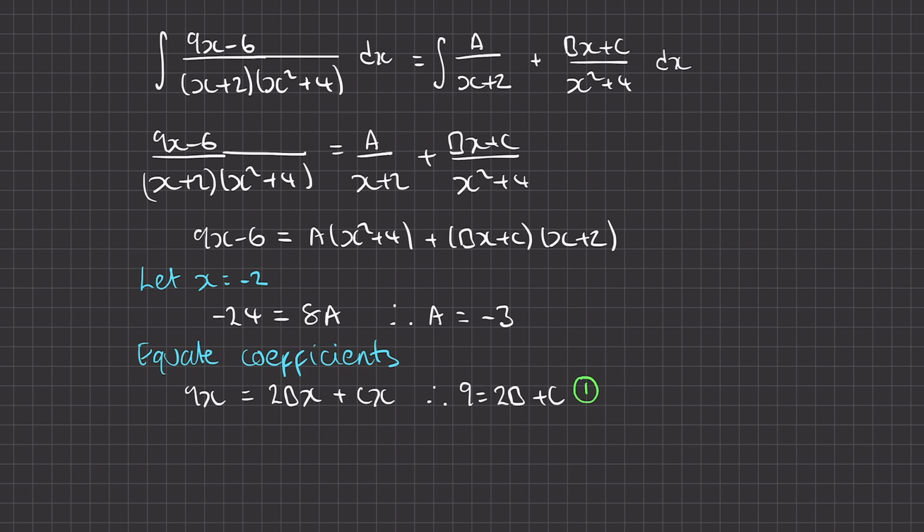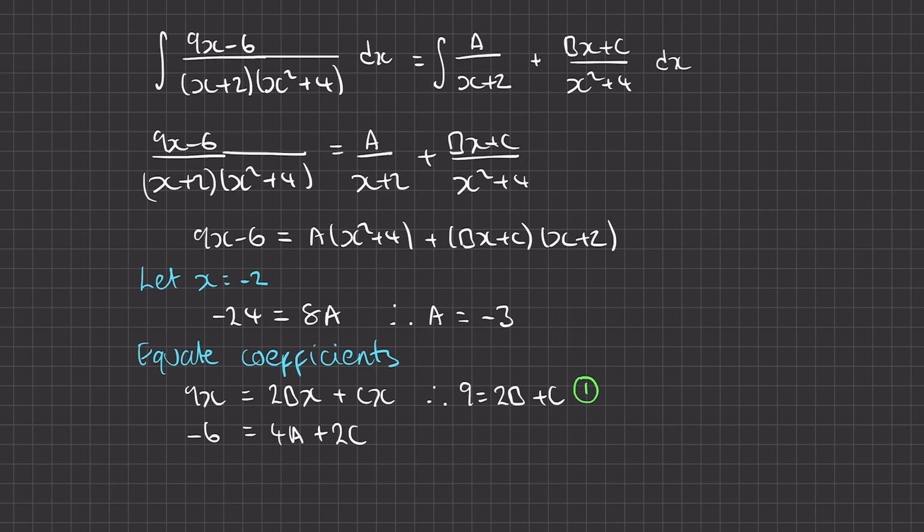The next one, we know this negative 6 we can use, and this is when we multiply the a by the 4 and the c by the 2. So negative 6 is equal to 4a plus 2c.